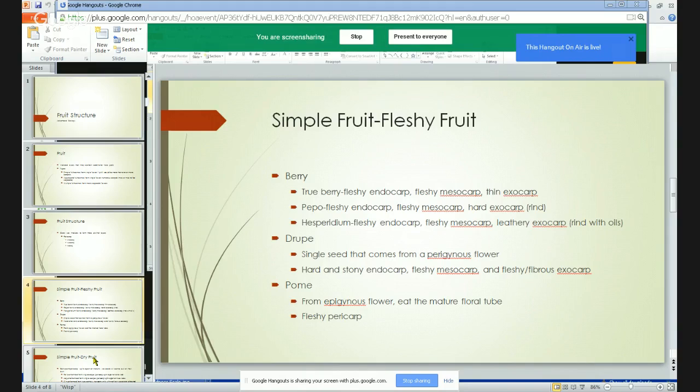The interesting thing about this is on the inside of the endocarp, there are these structures called eyes that develop. There are three of them that develop. I don't know if you can see that I've drawn those.